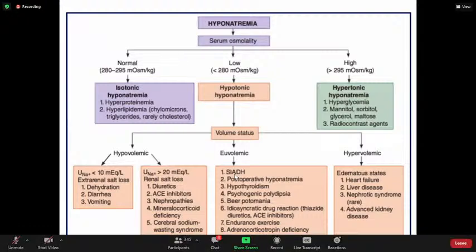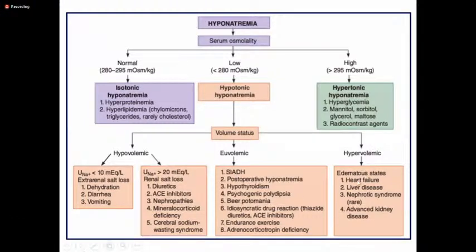So you have the syndrome of inappropriate ADH secretion. You can have postoperative hyponatremia, e.g. patients who had prostatectomy done and they're getting that irrigation. Patients with hypothyroidism, this is rare but can occur. Psychogenic polydipsia, where patients are just taking water uncontrollably. Beer potomania, because they have low solutes within their blood system.